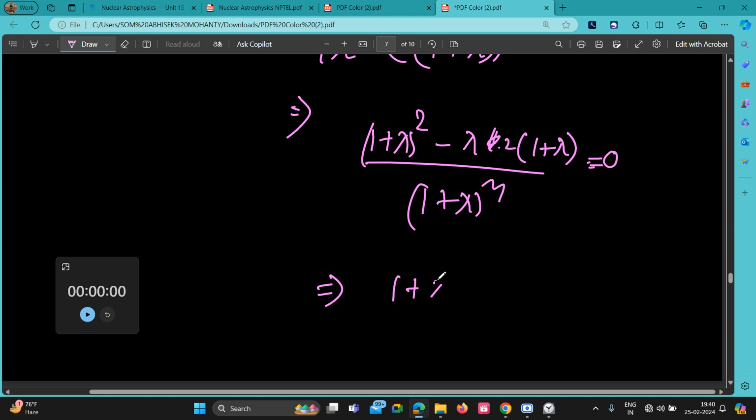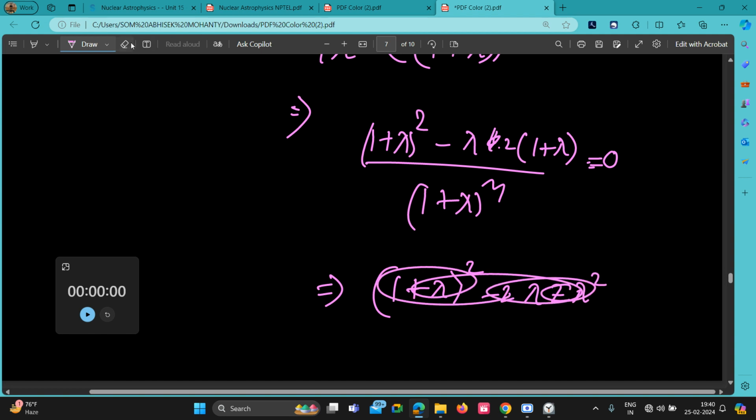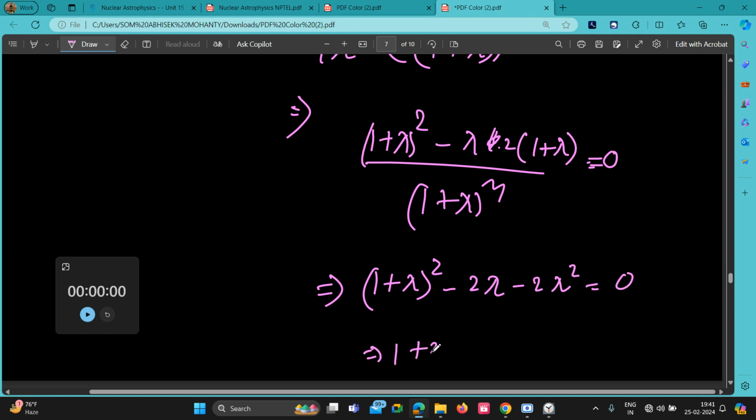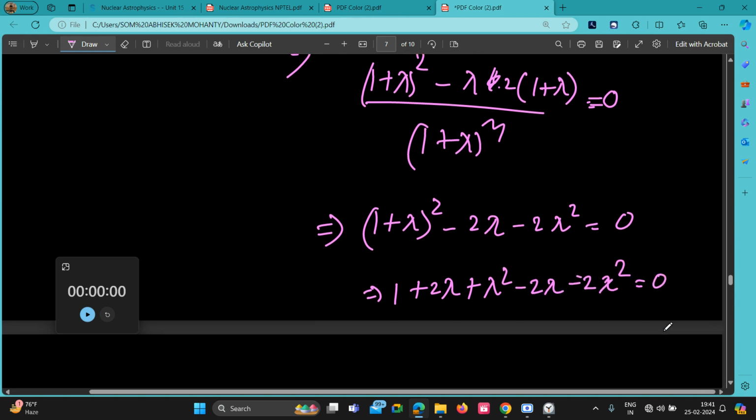So (1 plus lambda) whole square is 2 lambda minus lambda square. Sorry, minus 2 lambda square. So (1 plus lambda) whole square minus 2 lambda minus 2 lambda square is equal to 0.